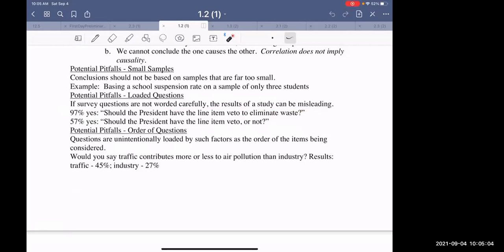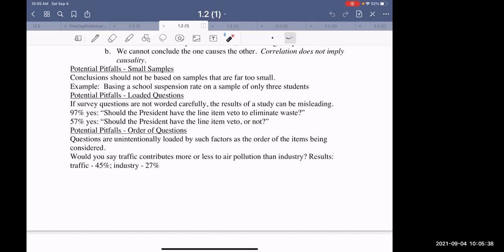Loaded questions. If sample results are not worded carefully, the results can be misleading. So 97% said yes to the following question: Should the president have the line item veto to eliminate waste? Actually, I remember this question.